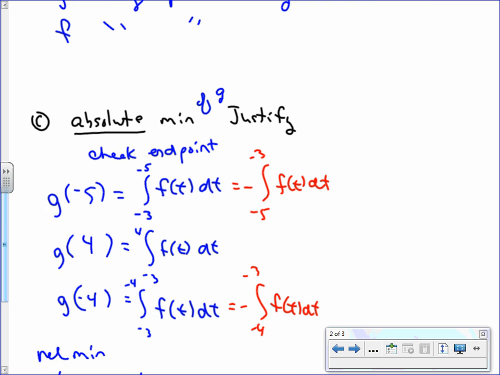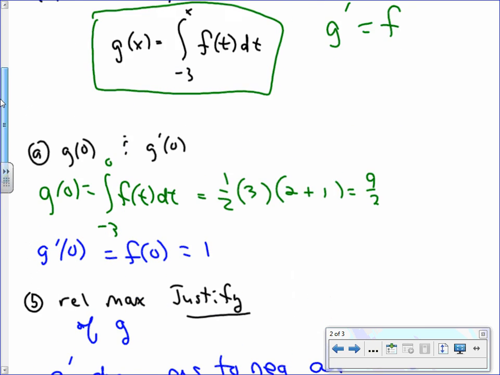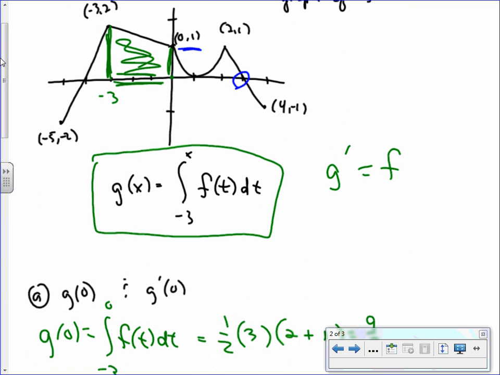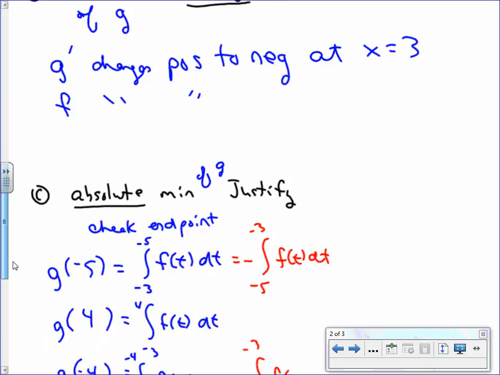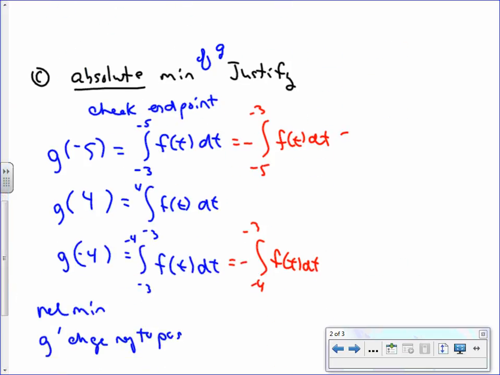So from -5 to -3 is this triangle here, and this triangle here, and they're not the same size, or are they? I think they were same size. Look at those two triangles, are they the same size? Yeah, and one's negative and one's positive, so what's it going to be when you add them together? 0, so definitely, G of -5 is 0.